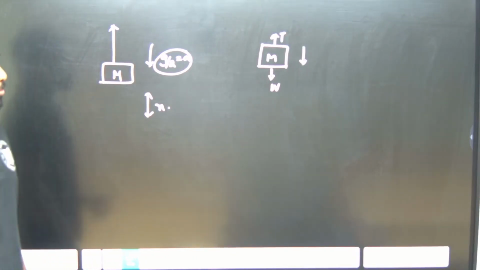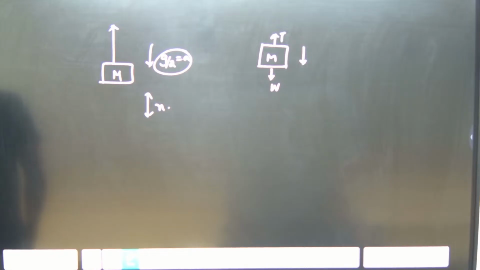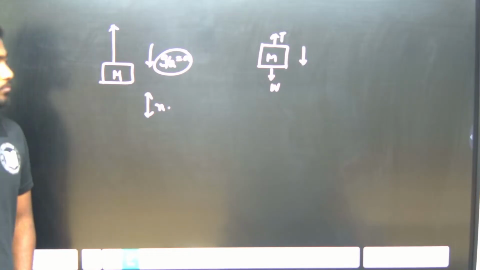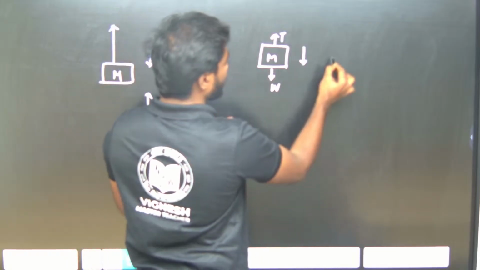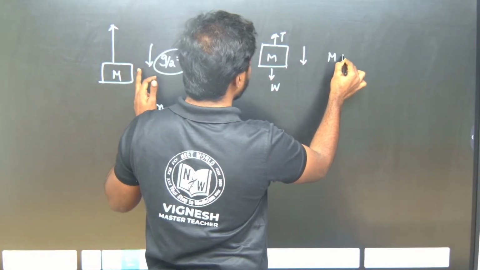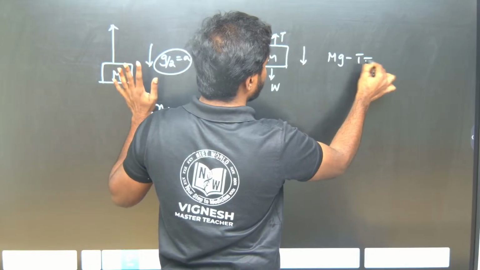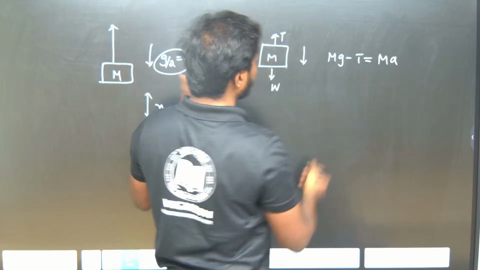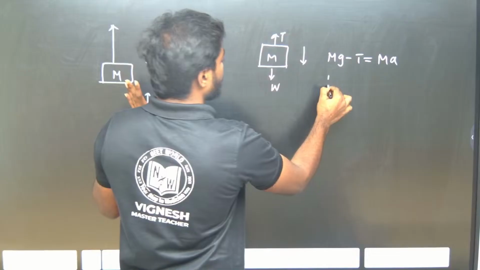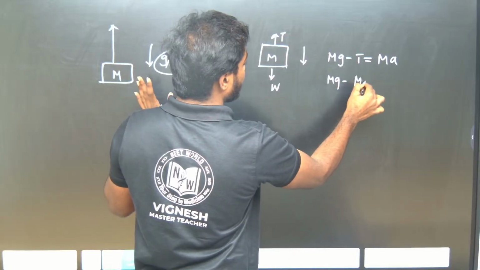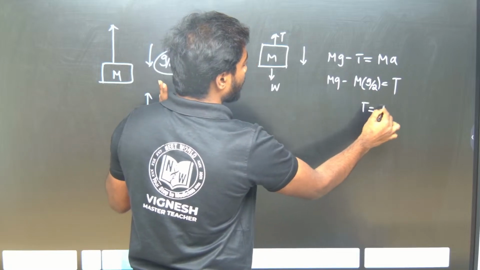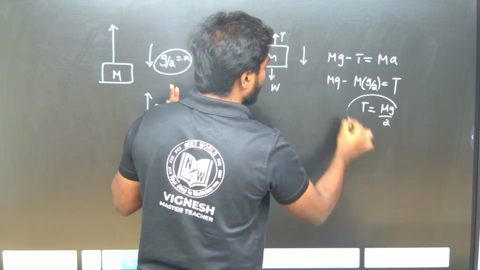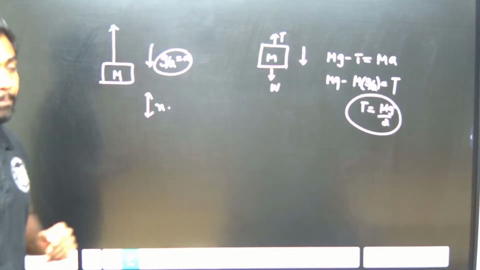So the equation is W minus T equals m a, where W is mg and a is g by 2. So mg minus m into g by 2 is equal to T. So T is equal to mg by 2.